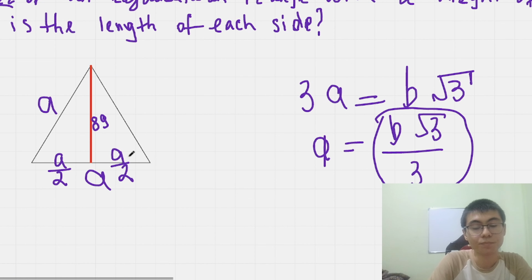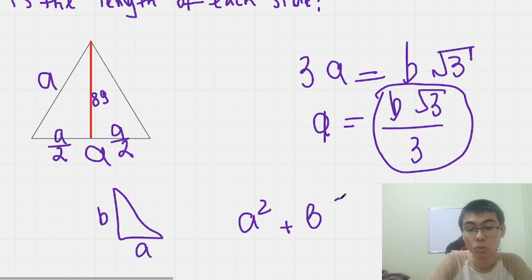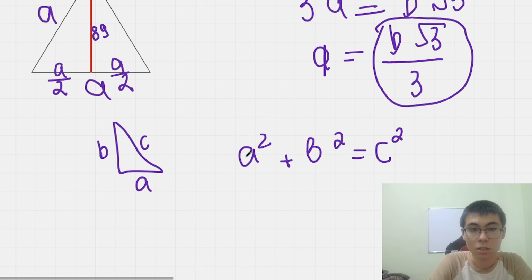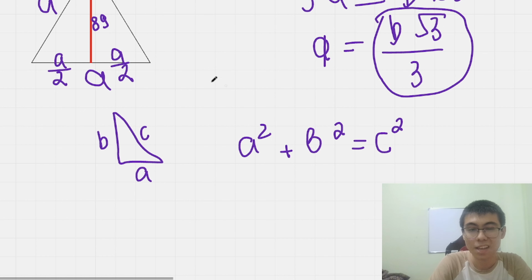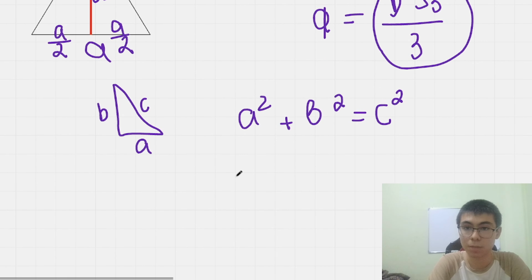I'm sure you know this formula. If you have a right triangle like this, where this side is a and this side is b, a squared plus b squared equals c squared, where c is the hypotenuse. So here we can apply the same thing. In this case, a equals this thing, divided by 2 and squared.